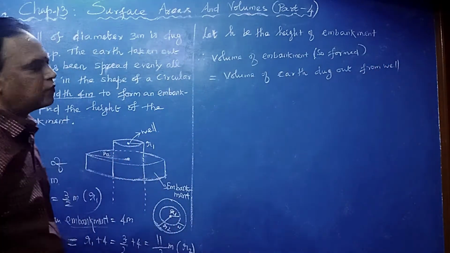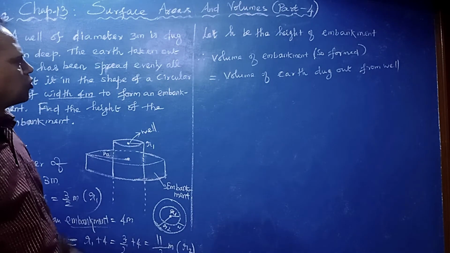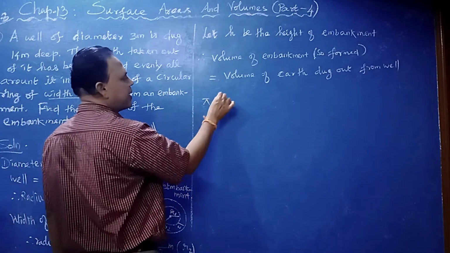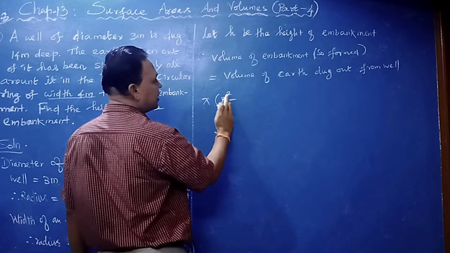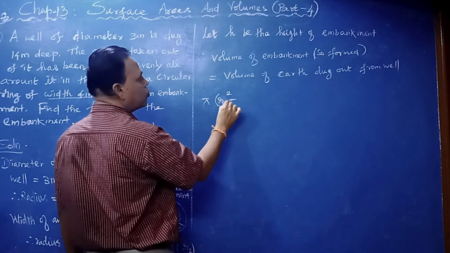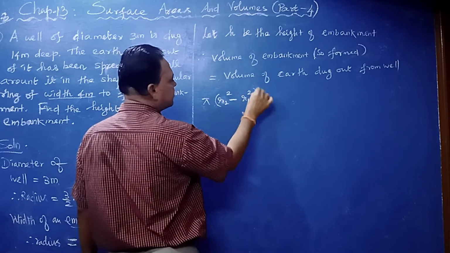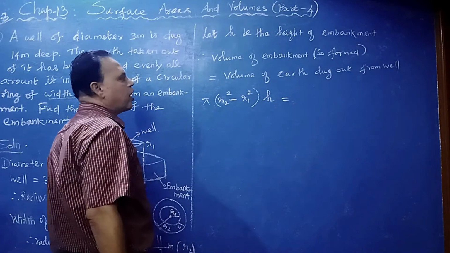Clear? So volume of embankment is pi into capital R squared minus, here we have taken R2 squared minus R1 squared, into H. That is equal to volume of earth dug out.